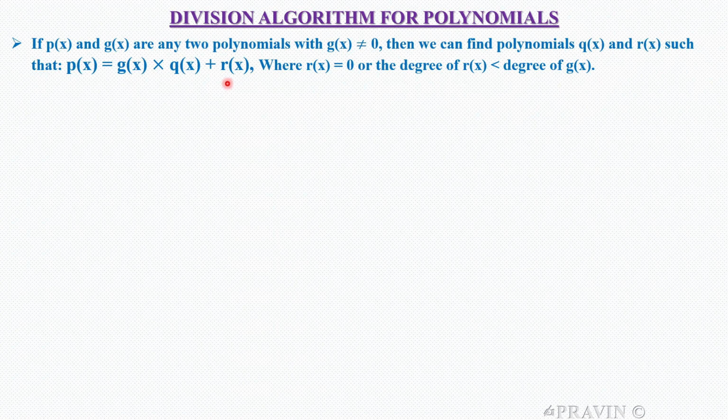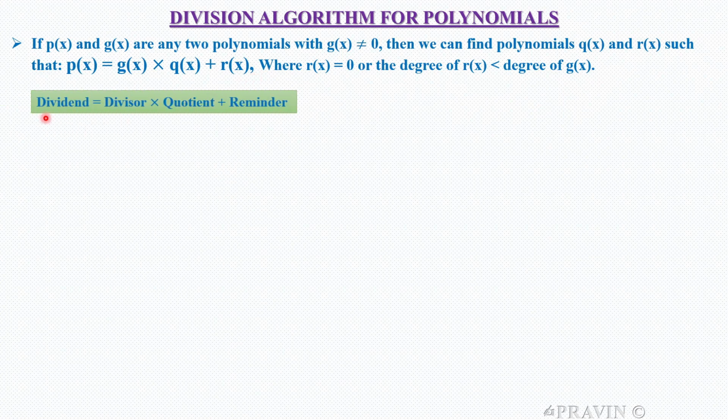You may find it difficult to remember this definition, but in your previous classes you have studied this relationship, which is dividend is equal to divisor into quotient plus remainder. And if you focus here, you will find that this relationship is written in the form of p(x), g(x), q(x) and r(x).